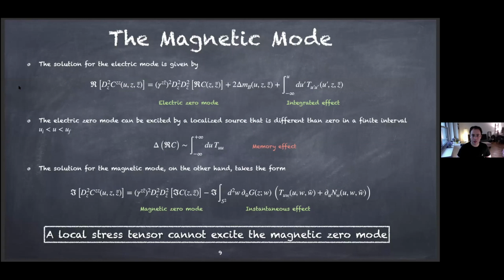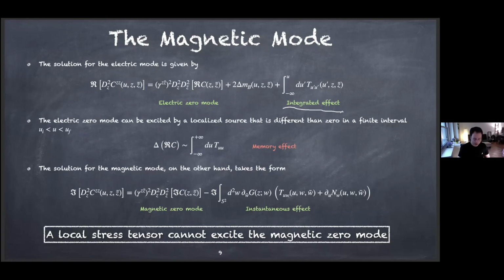Then we have a term that is proportional to the difference between the Bondi mass at u and at u equal to minus infinity. And finally, we have a term that is proportional to the UU component of the stress tensor integrated over the null boundary from minus infinity to u. And I will call this last term an integrated effect.